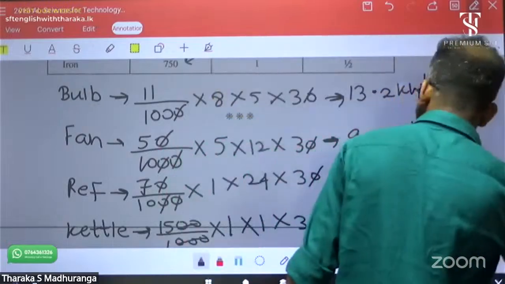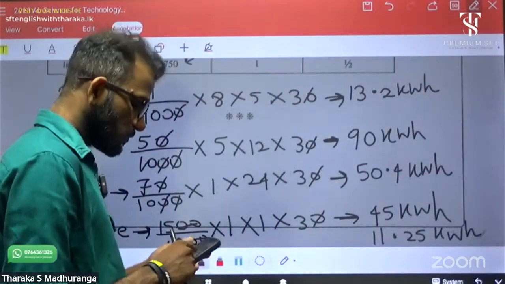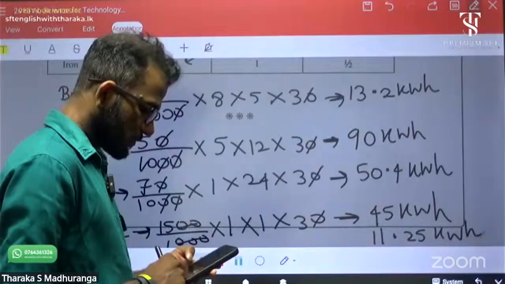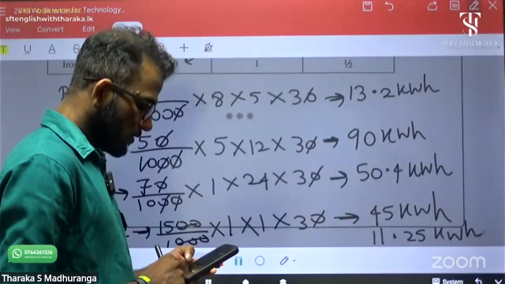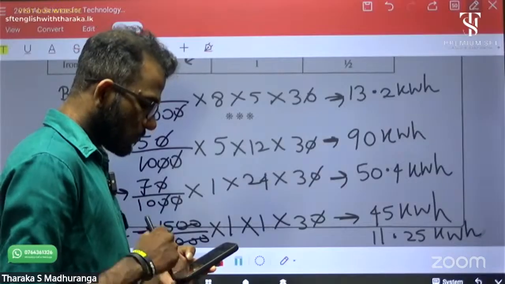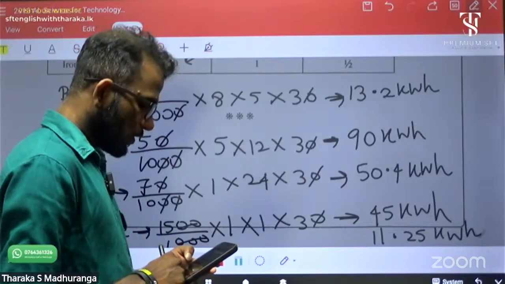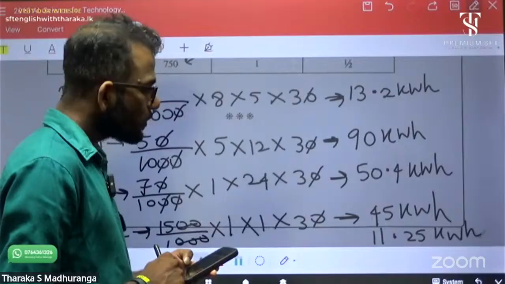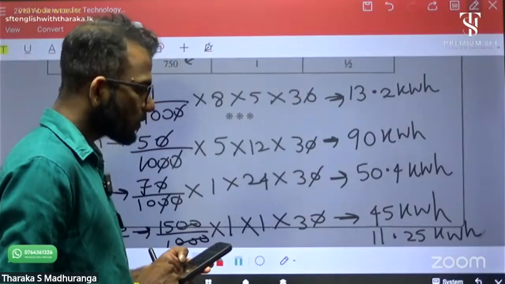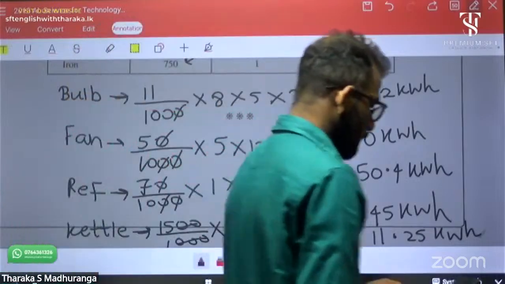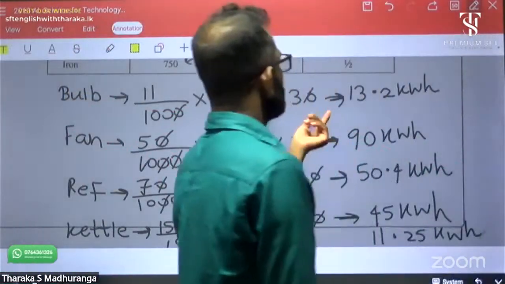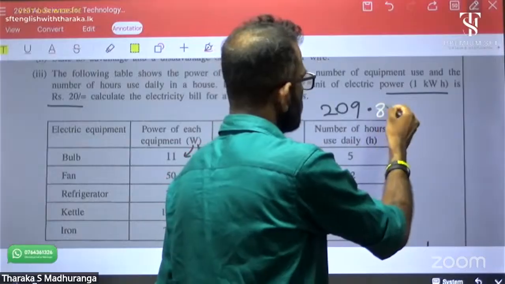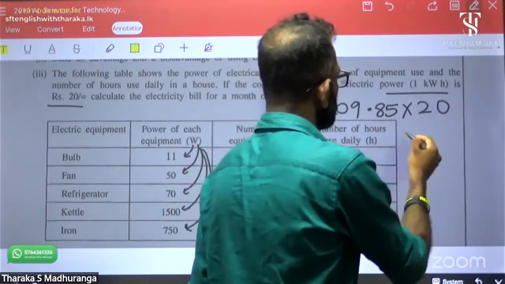Now you can add all the electric units. 13.2 plus 90 plus 50.4 plus 45 plus 11.25 is 209.85. Multiply 209.85 by 20, because each unit costs 20 rupees.